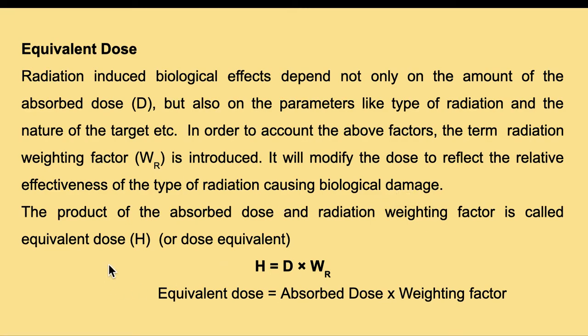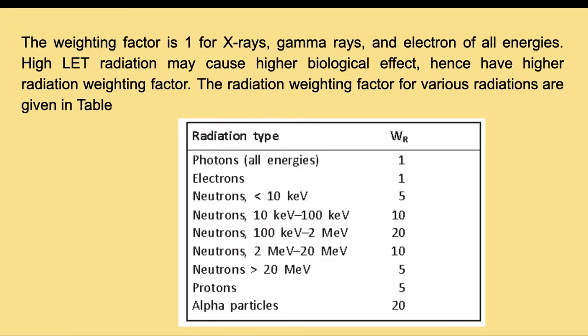The product of the absorbed dose and radiation weighting factor is called equivalent dose, or sometimes dose equivalent. So you can write equivalent dose H as D into WR. D is the dose, that means energy absorbed per unit mass, and depending on the type of radiation used you have a term WR. So equivalent dose is absorbed dose into weighting factor.